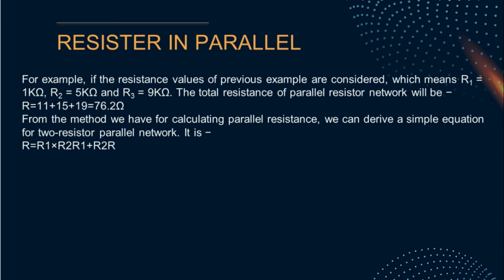For example, if the resistance values of the previous example are considered, which means R1 1k ohms, R2 5k ohms, and R3 9k ohms, the total resistance of the parallel resistor network will be 1/R equal to 1/1 plus 1/5 plus 1/9, which is 46.2 ohms. From the method of calculating parallel resistance, we can derive a simple equation for a two resistor parallel network. It is R equal to R1 multiplied by R2 divided by R1 plus R2.